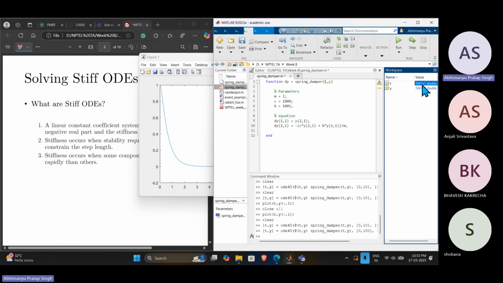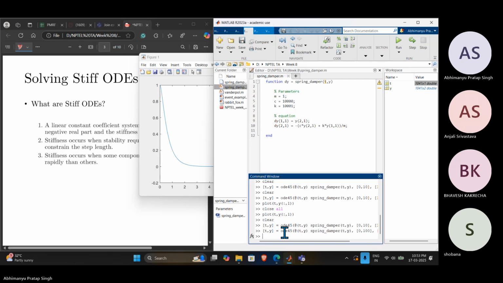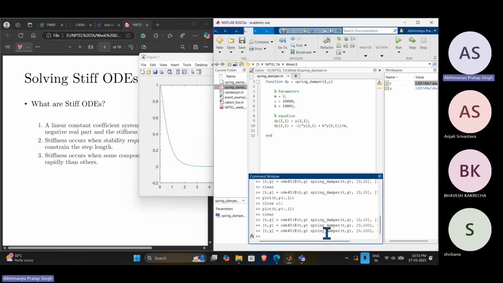It's taking 1041 time steps. Okay. If I increase it even more, so I'm trying to solve for the same time, 100 seconds only.